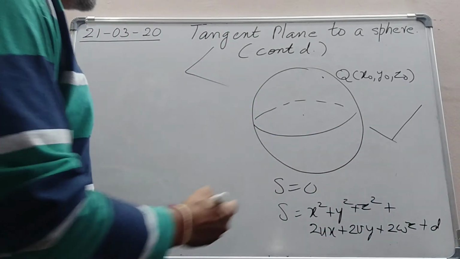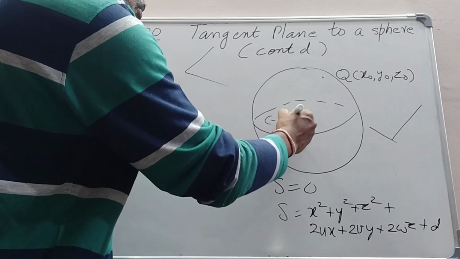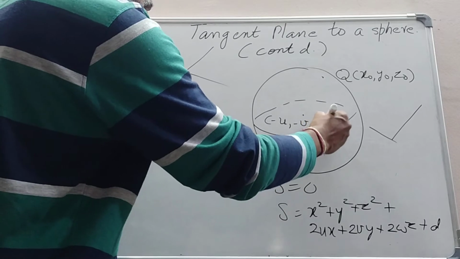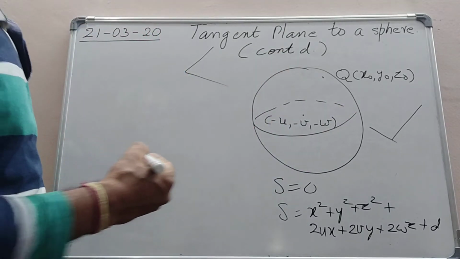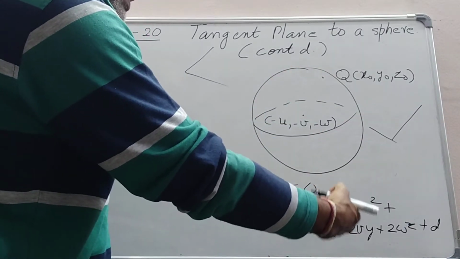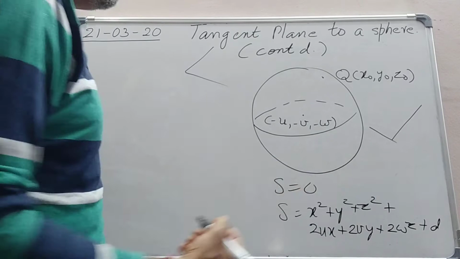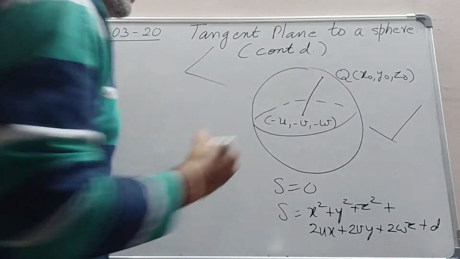That was our sphere, and so minus u, minus v, minus w is the center of the sphere. Of course, with the condition that u square plus v square plus w square minus d should be greater than or equal to 0. That is the radius.